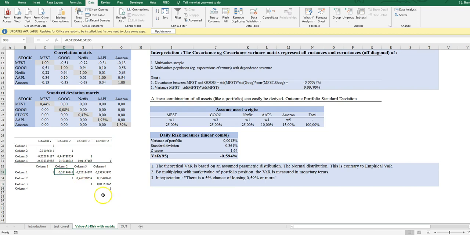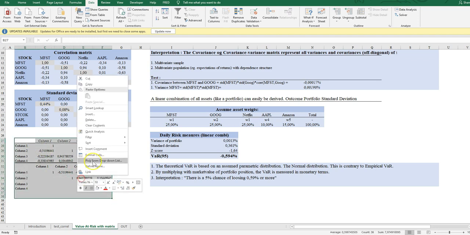So here we go, and we see clearly the structure here and here, so minus 0.51, 2, and so on. And Excel doesn't include the other side of the diagonal because it's assumed that they are the same. So this was one way of doing it also.